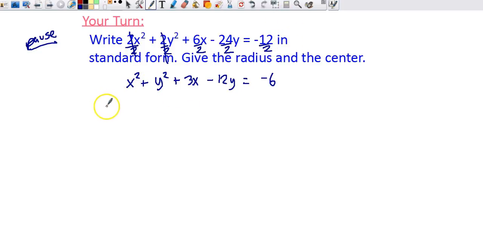So let's rearrange. X squared plus 3x. Move the 3x over with the x squared. I'm going to leave a little blank here. Y squared minus 12y. Negative 6. We'll go ahead and add those numbers on. 3 divided by 2 squared. Well, 3 divided by 2 is 1.5.